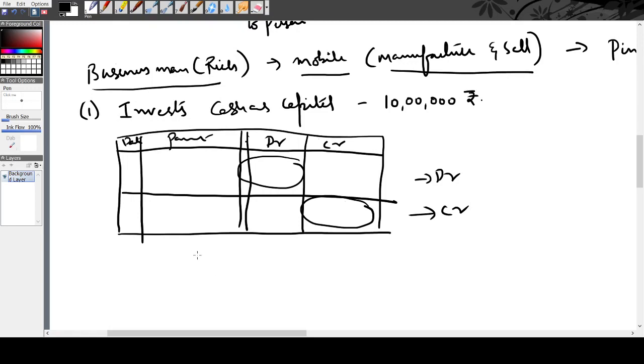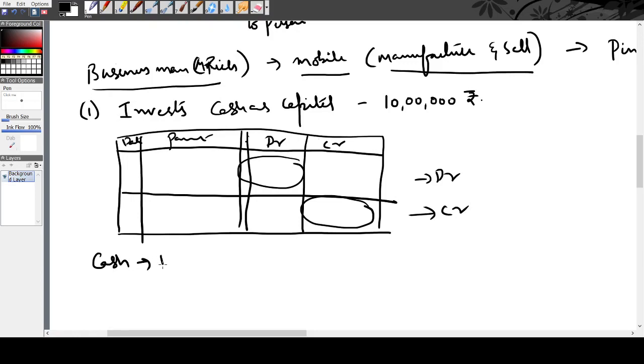Now what is the entry I'm going to record here? The businessman, we can call him Mr. Rich. He is investing cash as capital in the business, 10 crores. Now we can identify one part of the transaction. The part is cash. Cash is coming into the business.